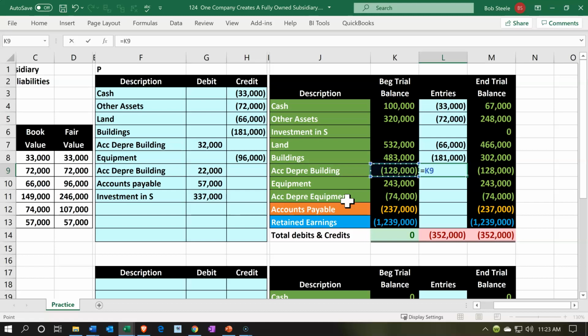Then we have the accumulated depreciation, which has a credit balance. It will then be going down to the 96,000. Then we have the equipment, which is going to go down to 147,000, and the accumulated depreciation is going to go down by the 22 to the 52,000.